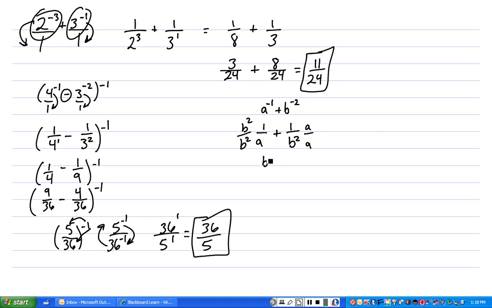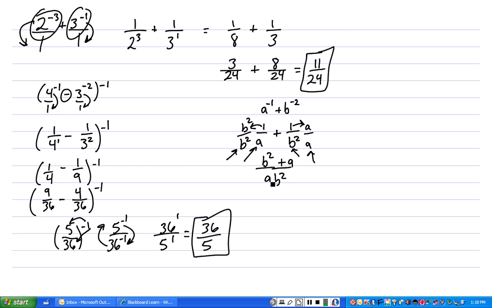So now I have b squared plus a. 1 times b squared is b squared. 1 times a is a. And it's all over a b squared, our common denominator.